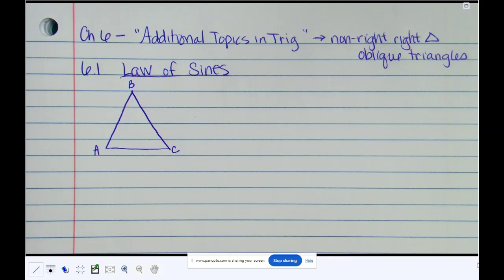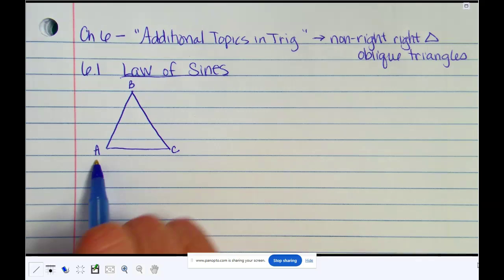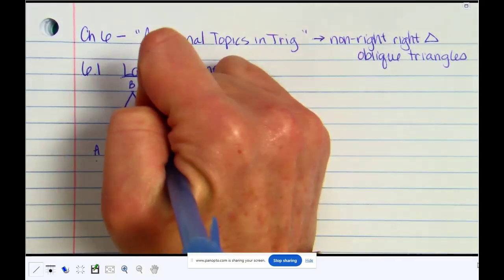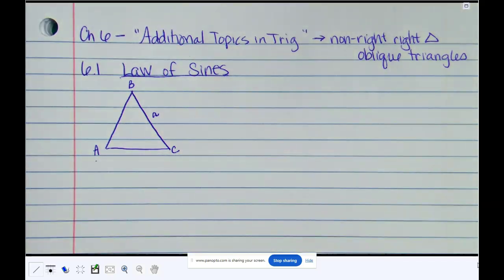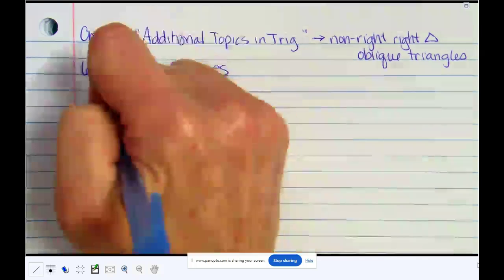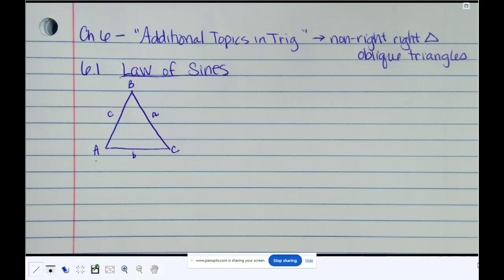So lowercase are sides, uppercase are angles. The other thing that is true is that if this is angle A, always opposite of angle A is going to be the little a. So the angles are opposite their sides and labeled accordingly. So this is going to be B and this is going to be C. That is very standard notation, not just making it up here.